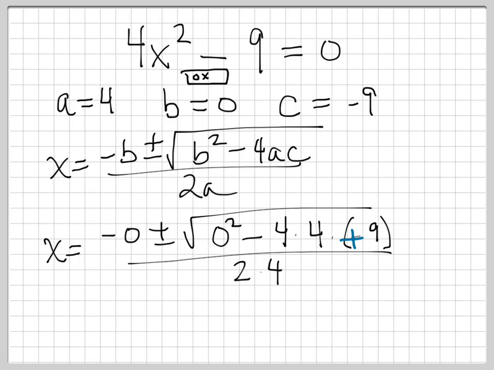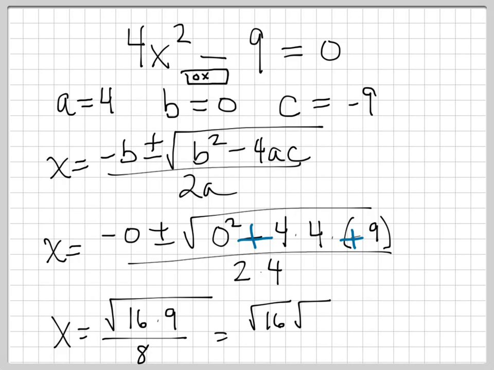These two negatives cancel, and so what we get is x equals the square root of 16 times 9 over 8, which is radical 16, radical 9 over 8.